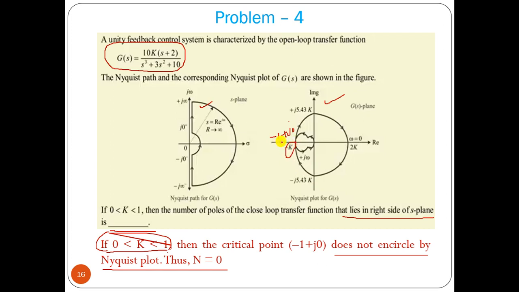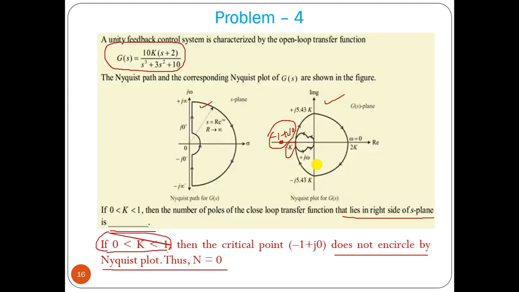This minus 1 is outside the plot, so the magnitude 1 is greater than k. For this range, the minus 1 plus j0 critical point is not encircled by the Nyquist plot. So N equal to 0.